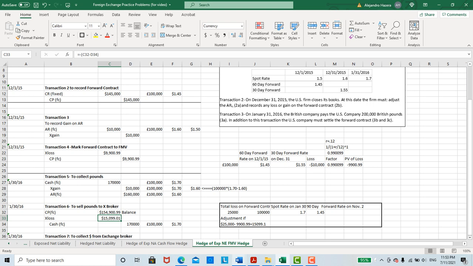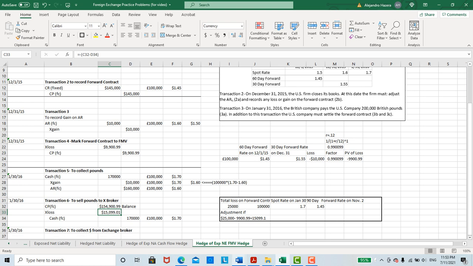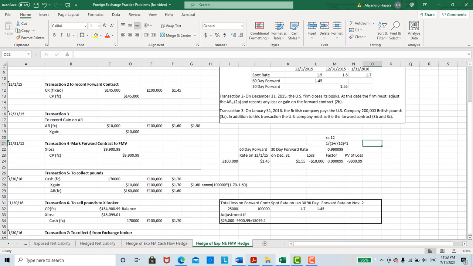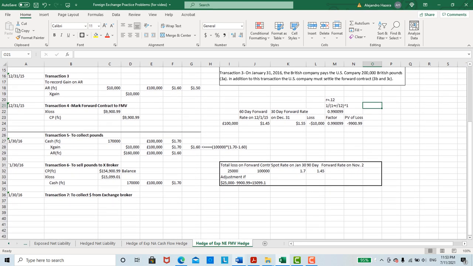So your total loss on the contract payable is 25,000, which makes sense because it's what you predicted initially with the market rate of $1.45, and what it actually turned out to be, $1.70. That's the excess contract payable that you ended up paying. And the final thing you do is look at the cash flow.